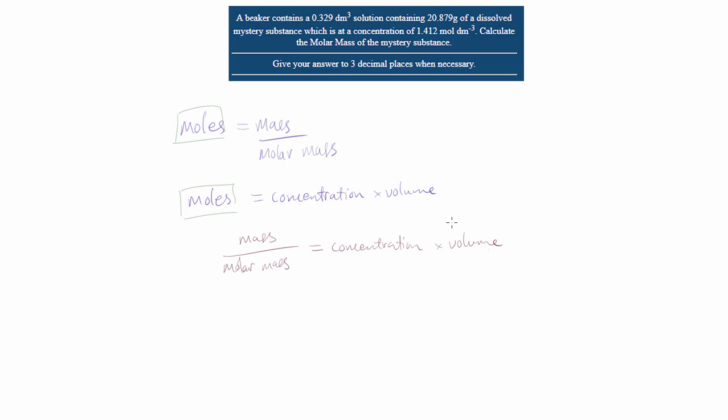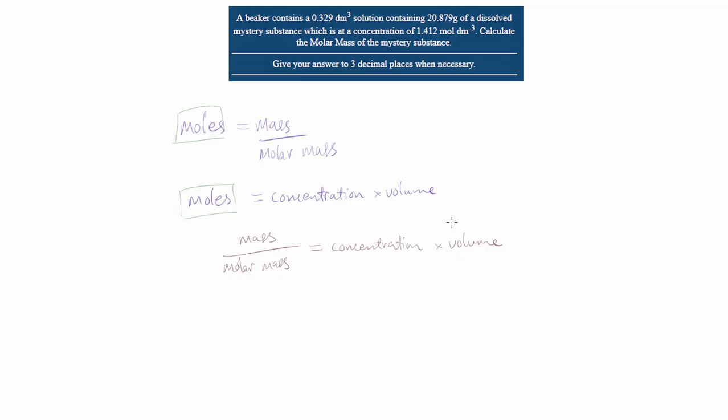So how am I going to do that? Well, I'm going to multiply both sides by the molar mass, and once I've done that, I'm also going to divide both sides by concentration and volume.